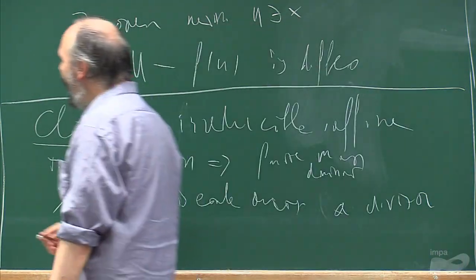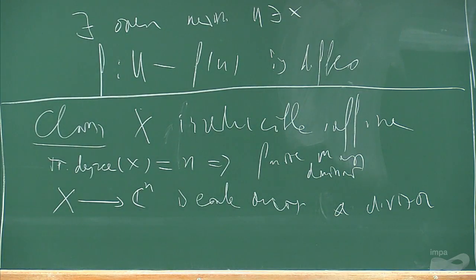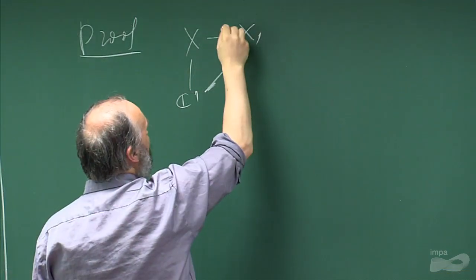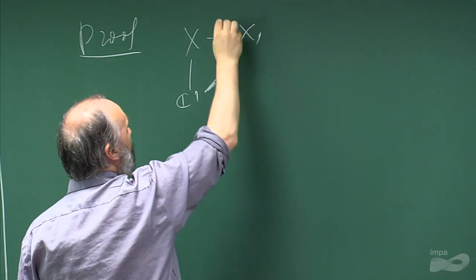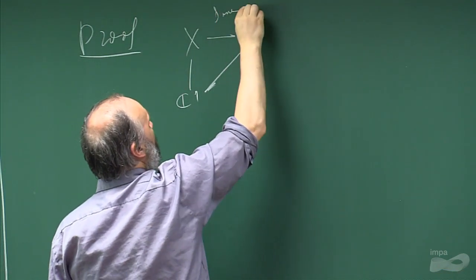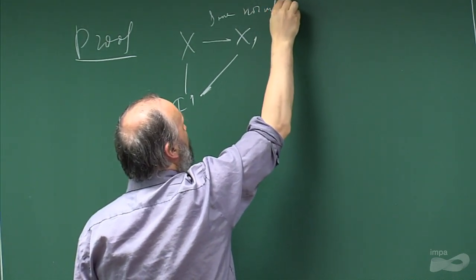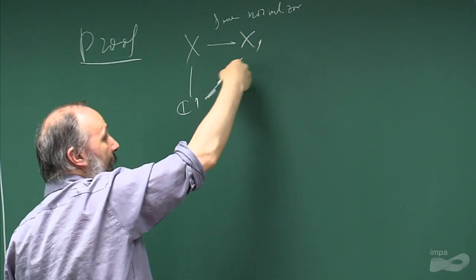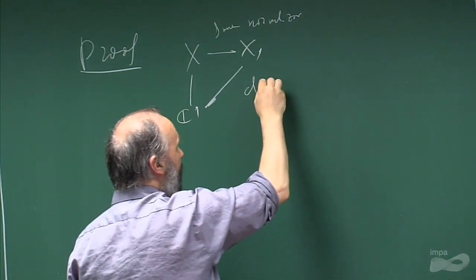So, proof. First we replace: you have a map from X to C^n, then you have X1 to C^n, and they have the same normalization. So this is a birational map, and this X1 is a d-sheeted cover.